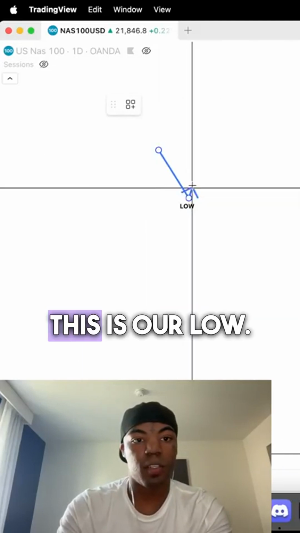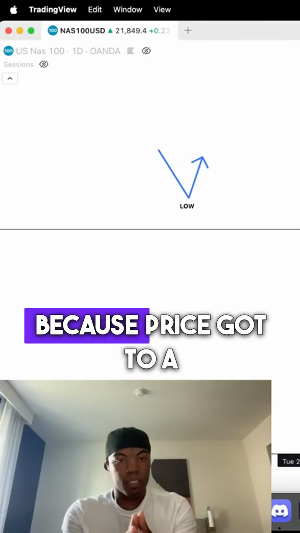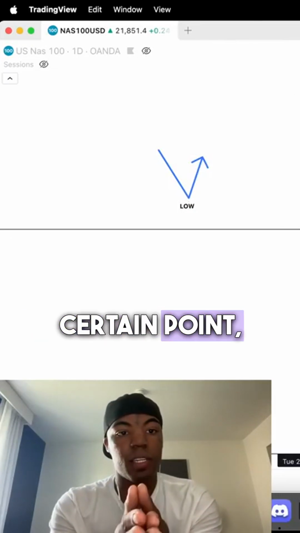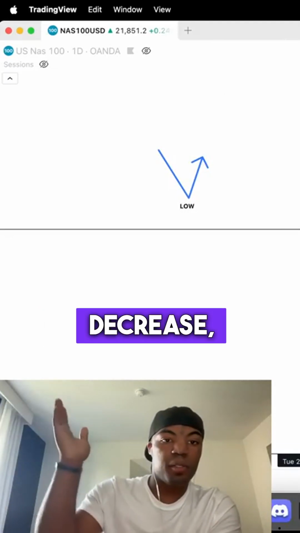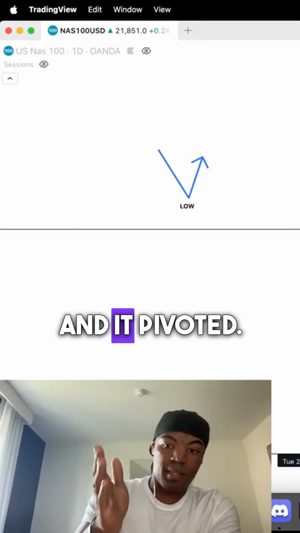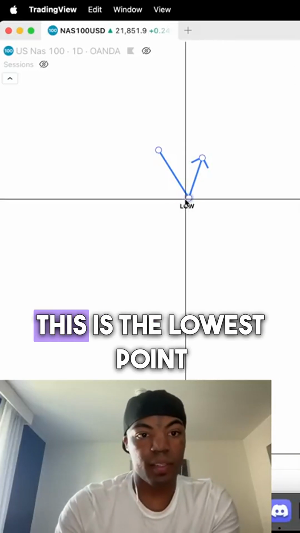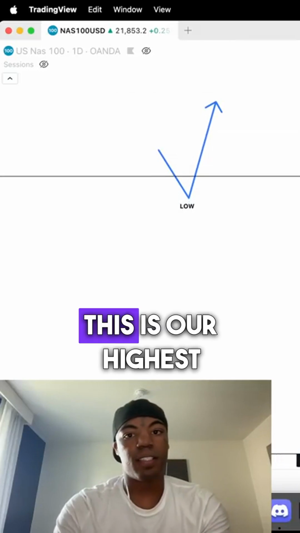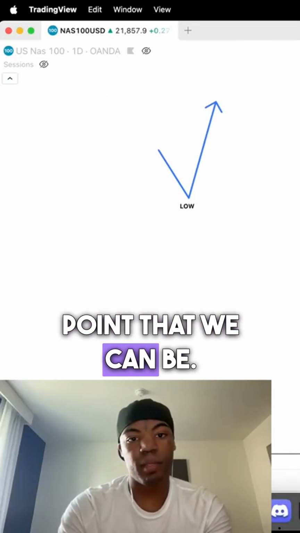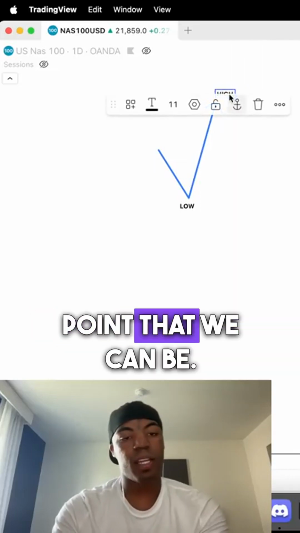This is our low because price got to a certain point, a certain decline, and it pivoted. So this is the lowest point we can be. Also with the high, this is the highest point that we can be, right?